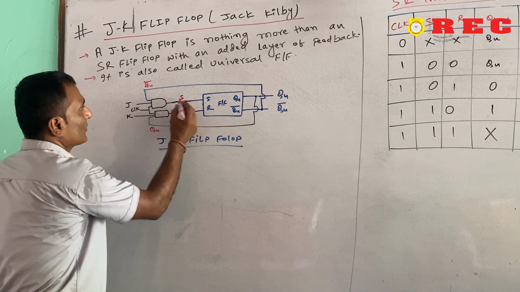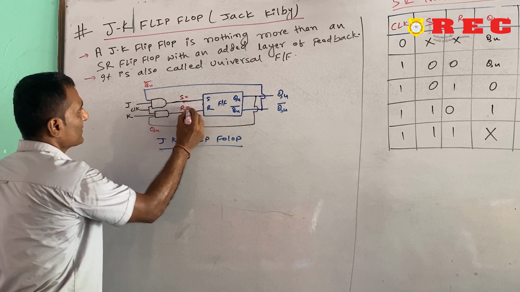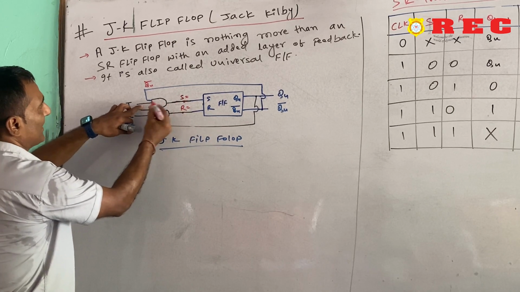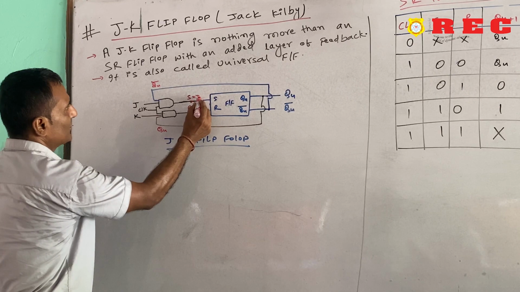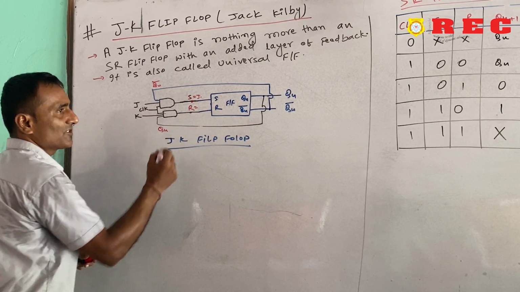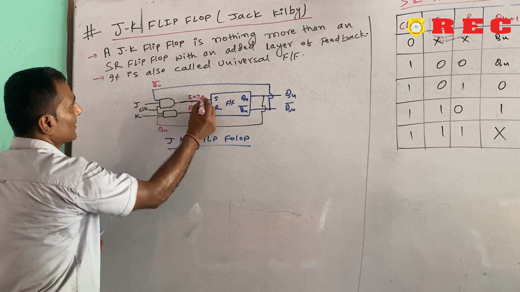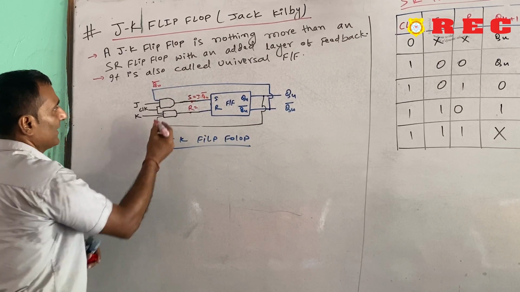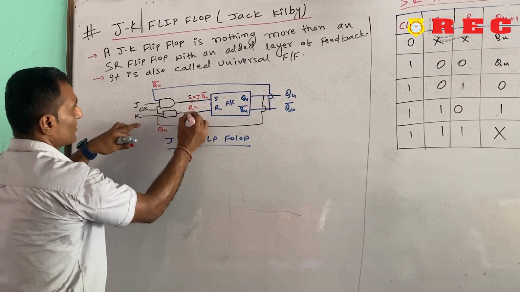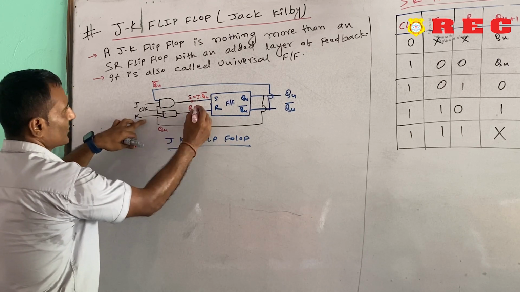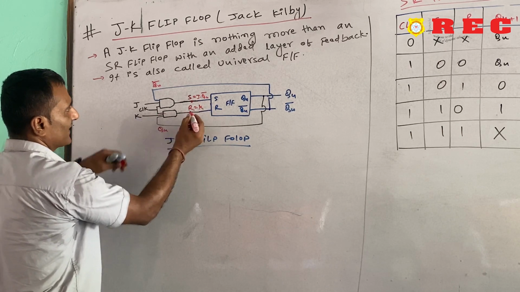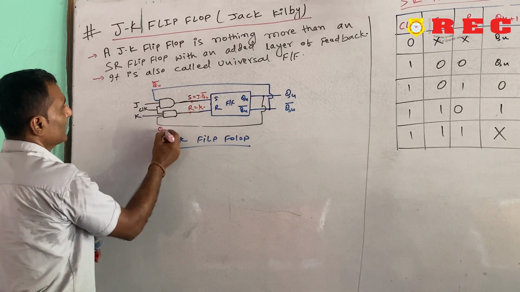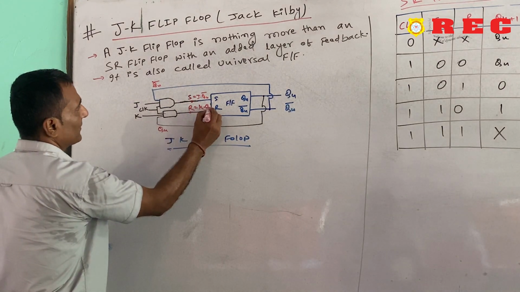Now what will be the value of S? The value of S is equal to J dot Qn complement, that means the multiplication. And the value of R, this point, is K dot Qn, by the AND gate.